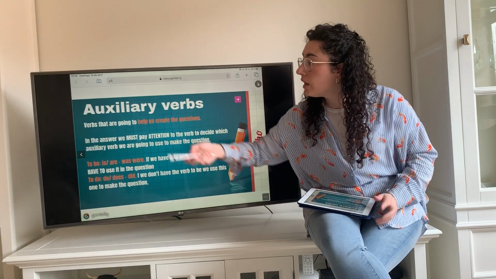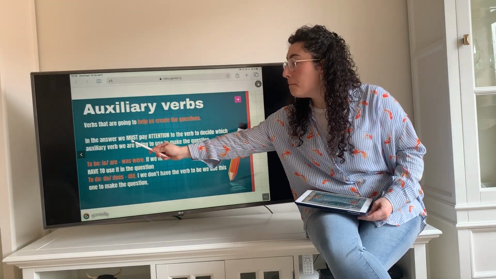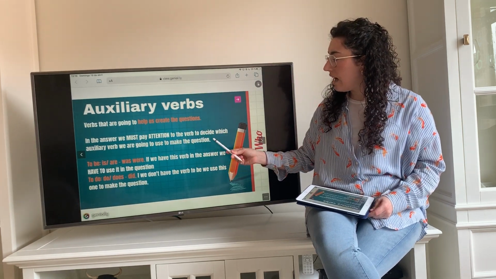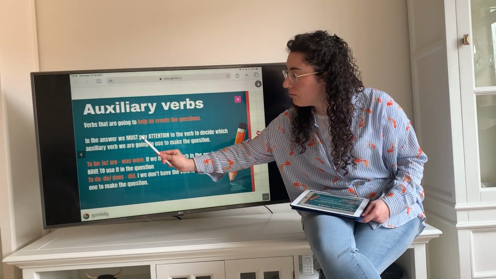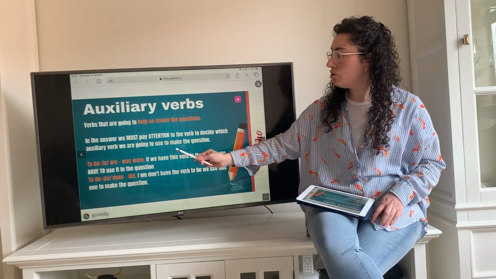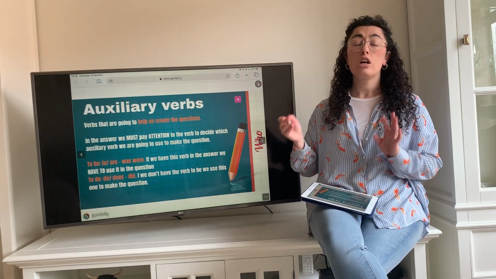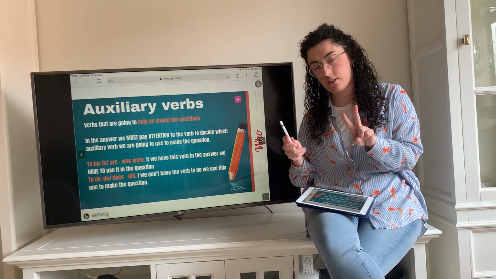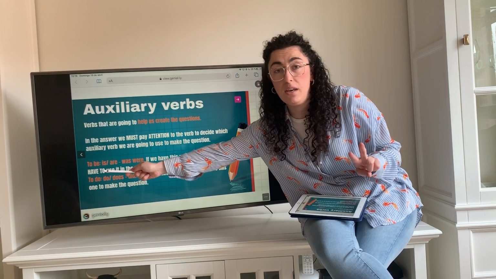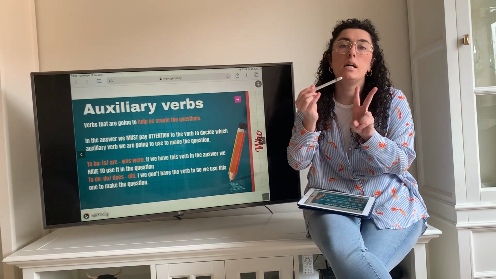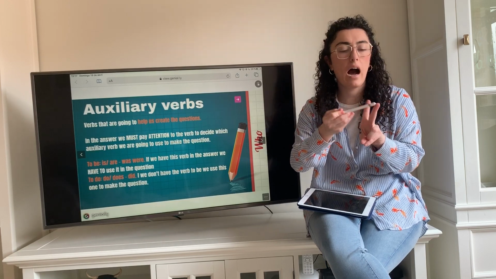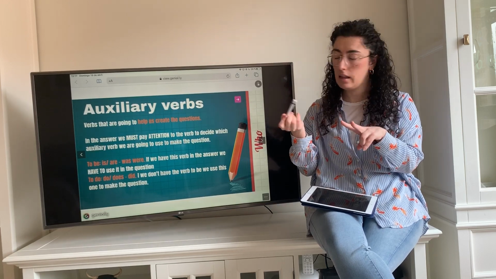Good. So, in the answer, we must pay attention to the verb to decide which auxiliary verb we are going to use to make the question. So, there are 2 different auxiliary verbs. We have the verb to be: I am, you are, he is, she is, we are, they are, okay?